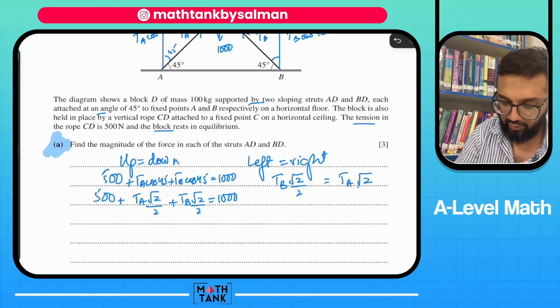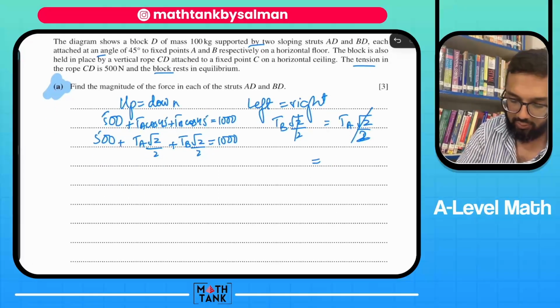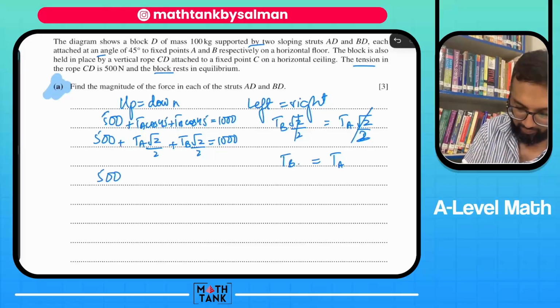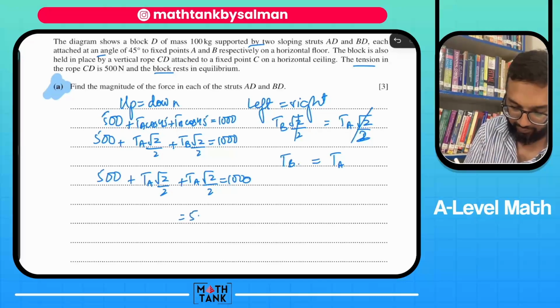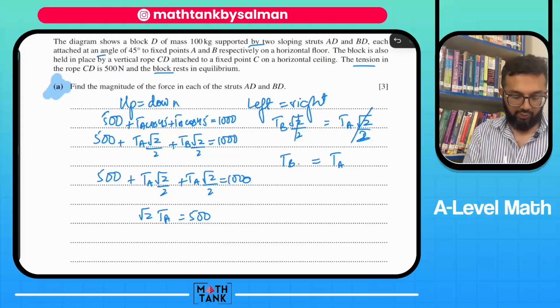तो यहाँ से मुझे पता चल रहा है कि ये जो है वो दोनों बराबर हो जाएंगे, so T_A should equal T_B. ओके, तो अगर ये इक्वल हैं तो ये हो जाएंगे T_A root 2 over 2 plus T_A root 2 over 2 equals 500 दूसरी साइड पे। तो ये बन जाएगा root 2 T_A. ओके, मैंने ऐड root 2 over 2 plus root 2 over 2, तो कैंसिल आउट होकर root 2 बच जाएगा। So 500 divided by root 2, so that is giving me 353.55.